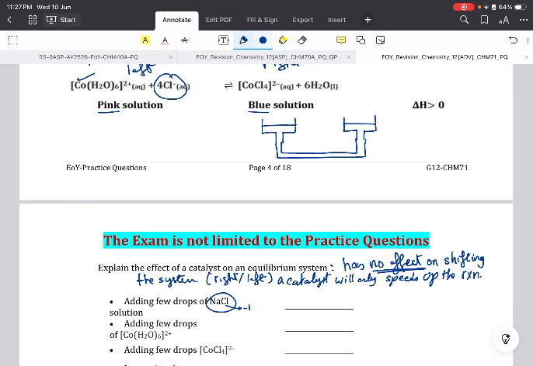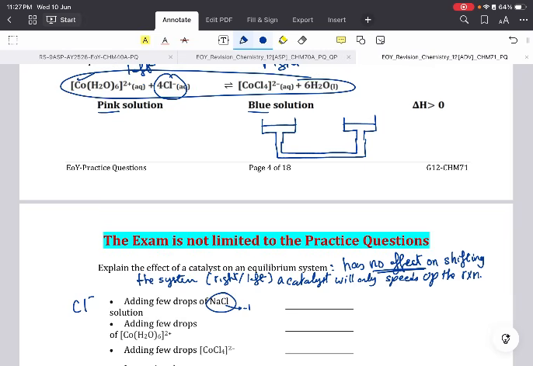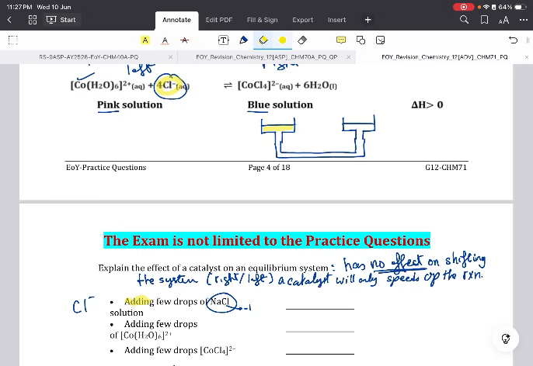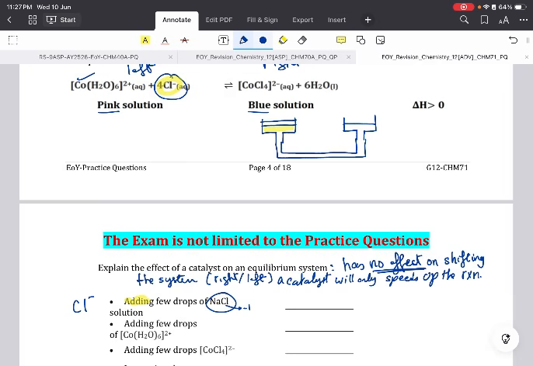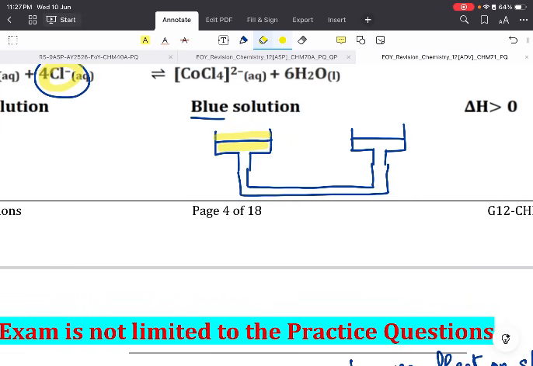So I have water on both sides. They said adding NaCl, or adding Cl-. When I look at the equation over here, I'll see that Cl- is on the left. It means that Cl- is on this side, and we just decided to add more. It means we have more of the Cl- on this side. So I'm going to draw just a little bit more.